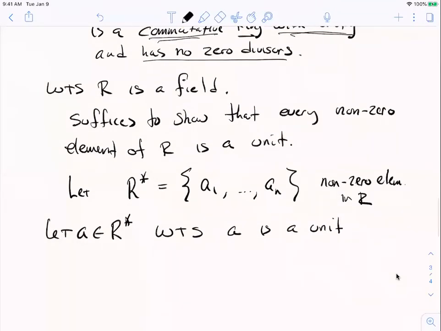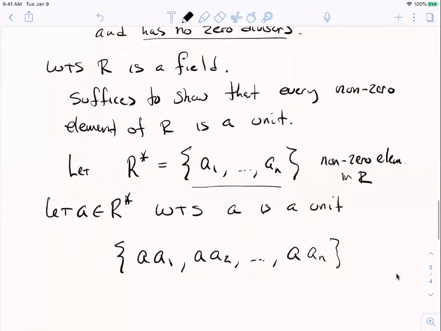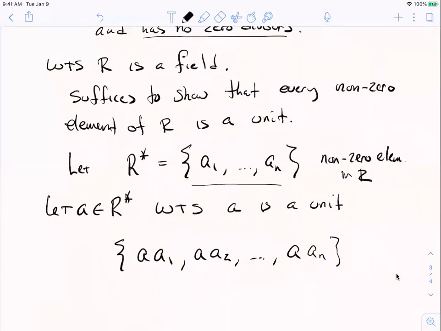Okay, well, let's multiply everything in R star by A. So we form the set A times A1, A times A2, and so on, A times AN. So I multiply everything in R star by A. I claim no two of those elements are equal.